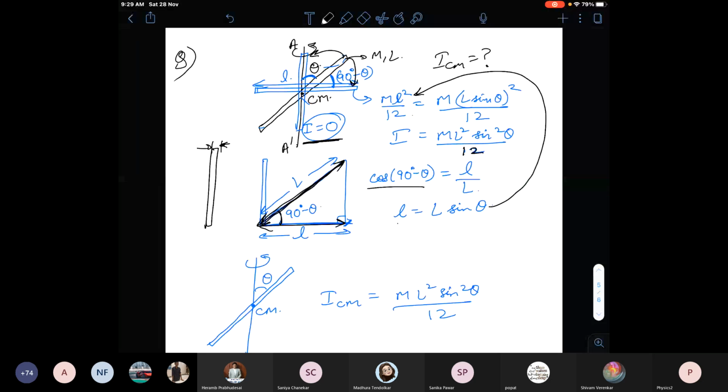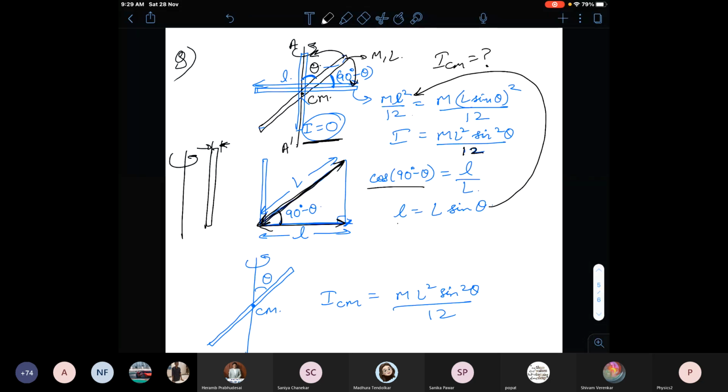A rod is just a straight line, and if you rotate a straight line about its own axis, you won't be able to tell any difference in the rotation.